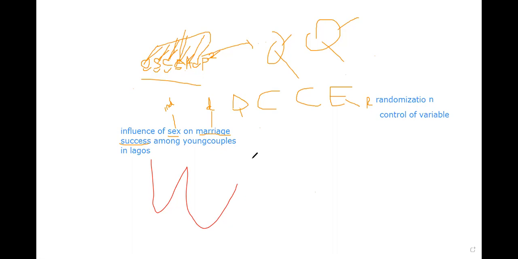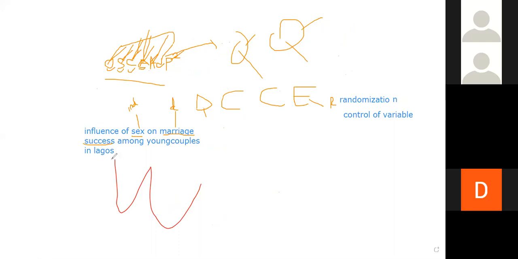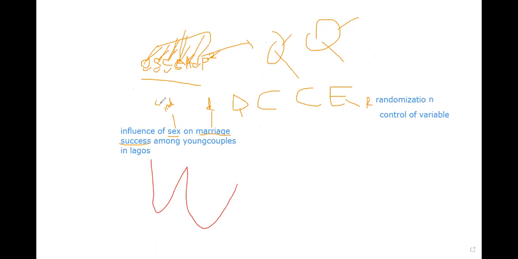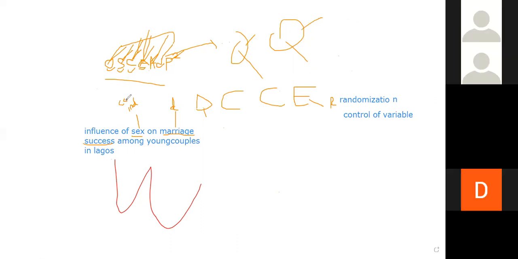First year, second year, third year. Is it making any sense? The independent variable is always the cause, then the dependent variable is the effect. You are just re-echoing what I said, but it's good. It's important.